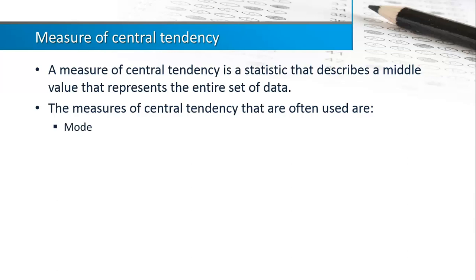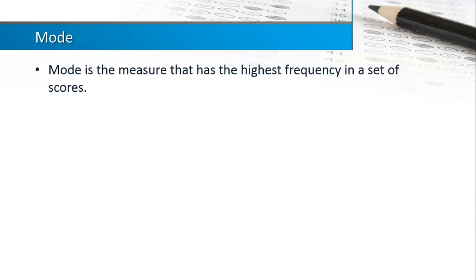So normally we use a few measures for central tendency, the most common ones being mode, mean, and also median. So what is mode? Mode is simply the measure where we try to determine which score has the highest frequency.